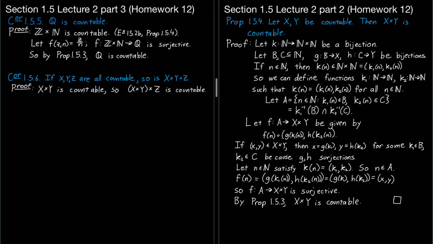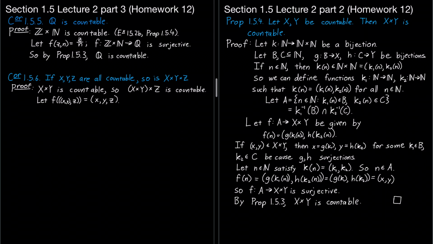And then Cartesian products aren't quite associative. (X cross Y) cross Z isn't quite equal to X cross (Y cross Z). Let f of ((x, y), z) be the triple (x, y, z).